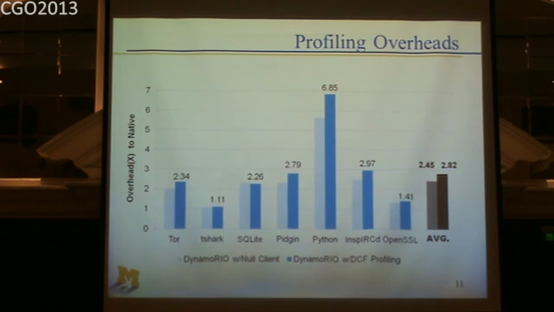However, if we look at the base overhead inserted by just the DynamoRio platform itself, we can see that the essential work of dynamic control frontier profiling itself is in fact minimal, as we can see the difference between the DynamoRio without any profiling instrumentation compared to the DynamoRio with our profiling instrumentation on the average.